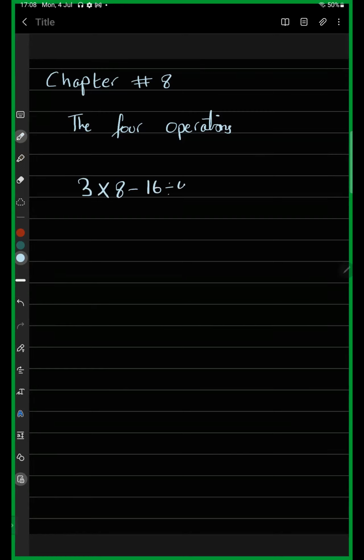Please try solving this, and all the answers would be correct for now. Just solve this and send me your answers. Just try solving it and tell me whatever you're getting.